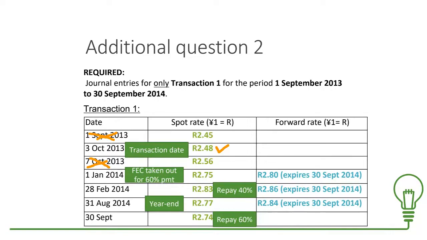Okay. Before we get to the journal entry, I want to park this example and ask a question. In what situation would these other dates be important? Is there any situation where the other dates will be important? And the answer is yes, right?